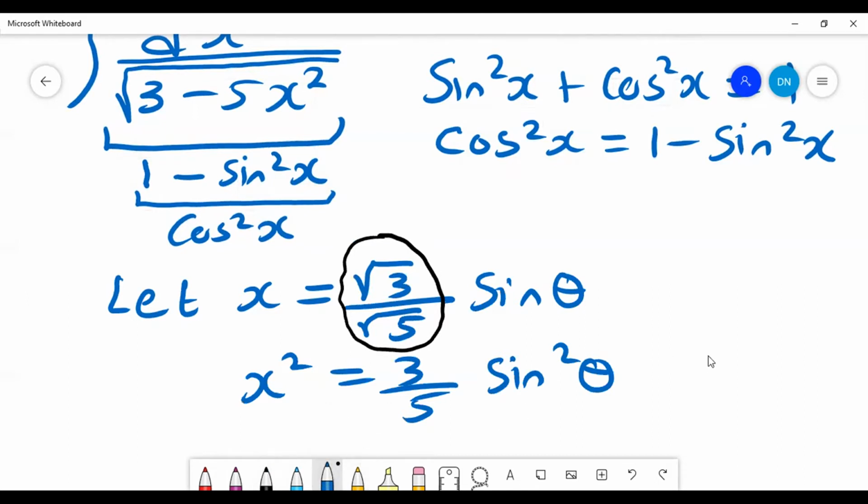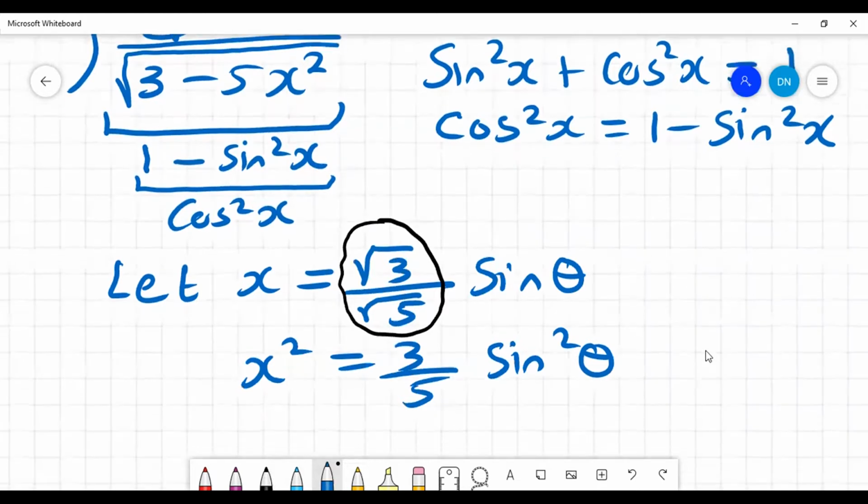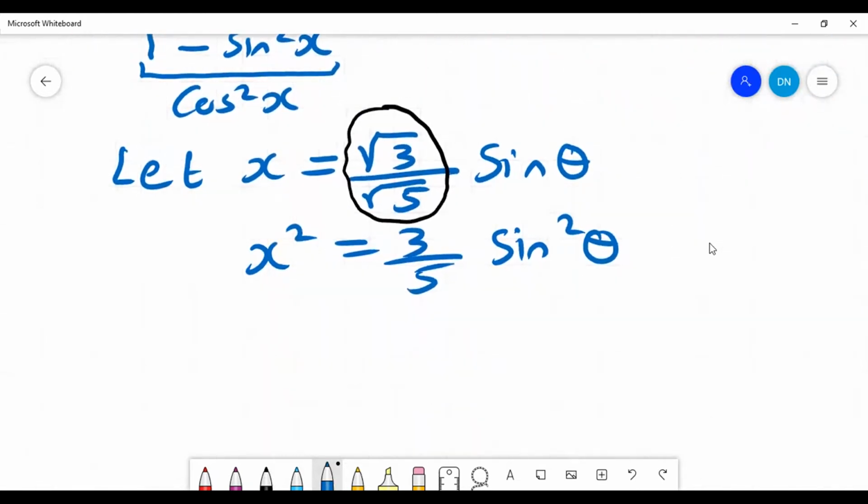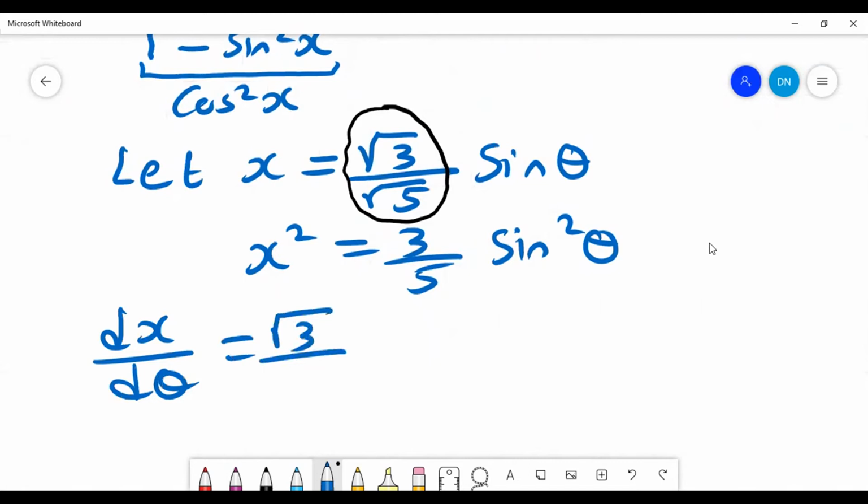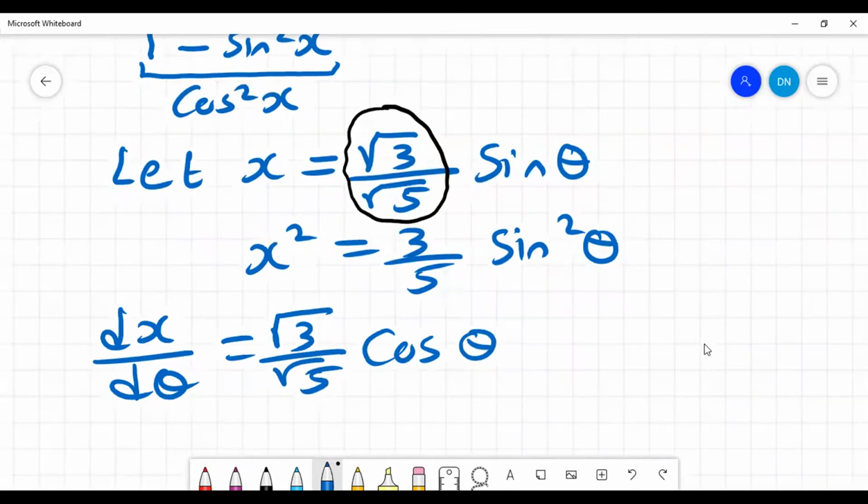So a number of things I know about this. I need to change from x to theta. So now I find out what dx d theta is. It will still be square root of 3 over square root of 5. The d theta definitely changes. What do I get? I'll get cos theta. So now I have my x squared, and also I have my dx.